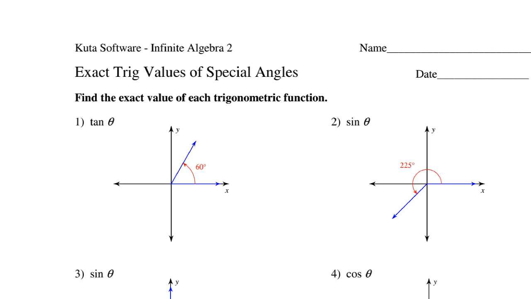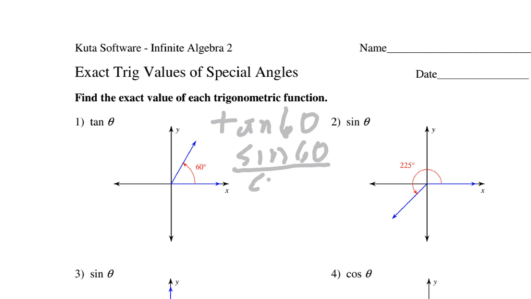So tangent of 60 is going to be sine of 60 over the cosine of 60. Or you could just think about this as whatever 60 is, putting the y over the x, okay?